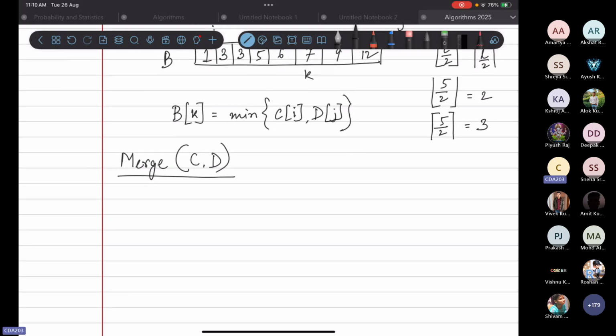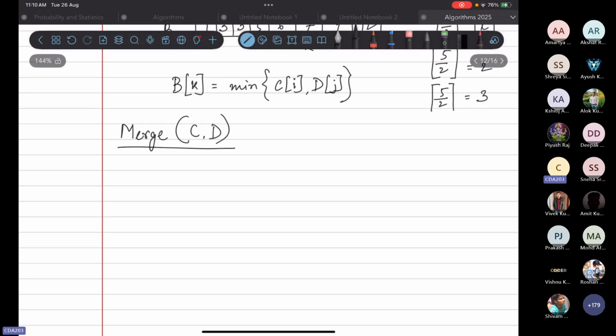Okay, so let's write this one. I'll assume that I is 1, J is 1, and K is also 1. Suppose I'm putting them with indices starting at 1, and sizes I have assumed are all half the sizes.